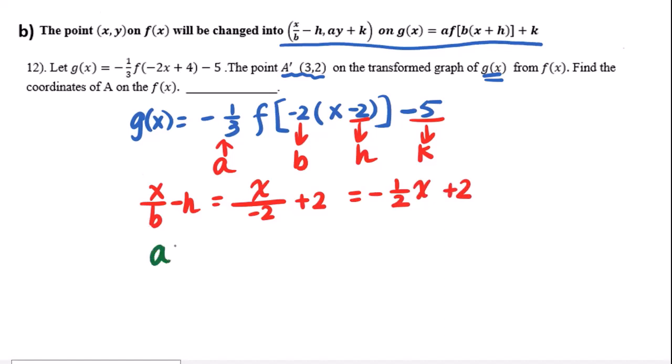For ay plus k, we will get negative 1 over 3y minus 5.